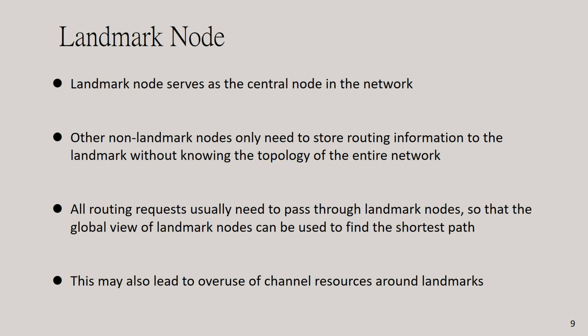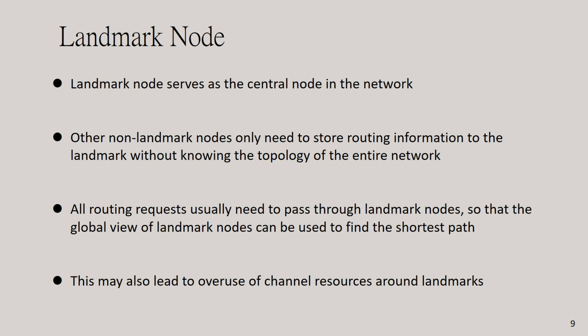As a central node in the network, the landmark node allows other non-landmark nodes to only store routing information to the landmark without needing to know the entire network topology. This reduces the storage requirements for each node.